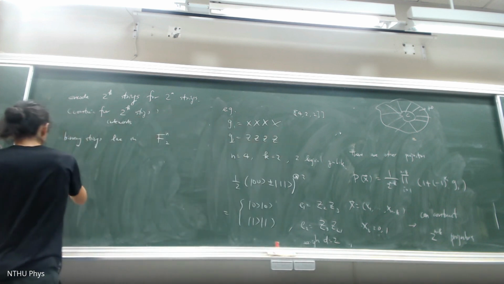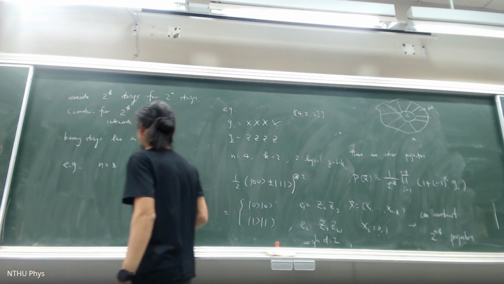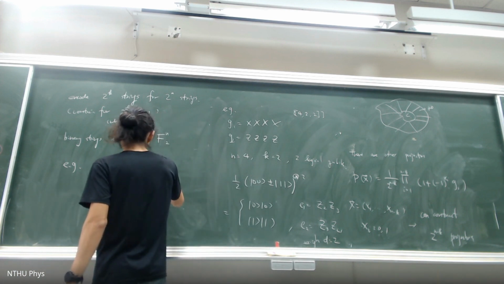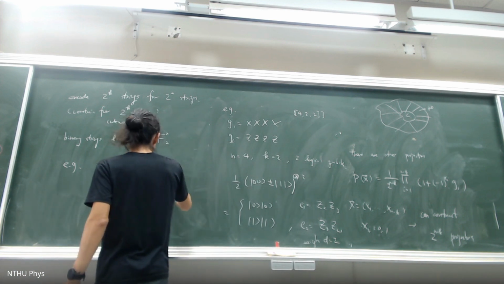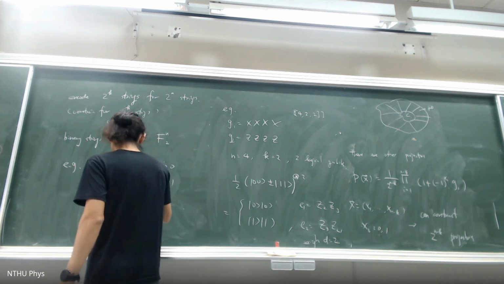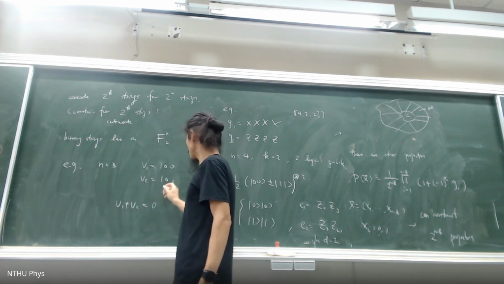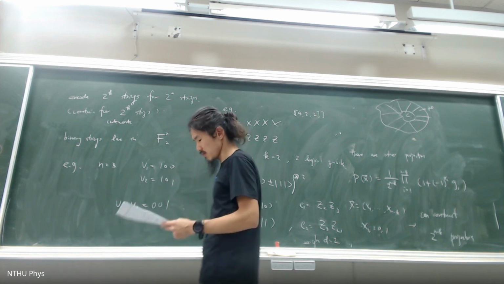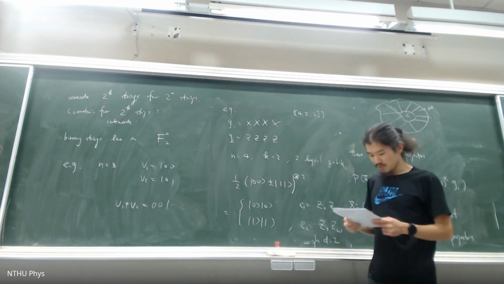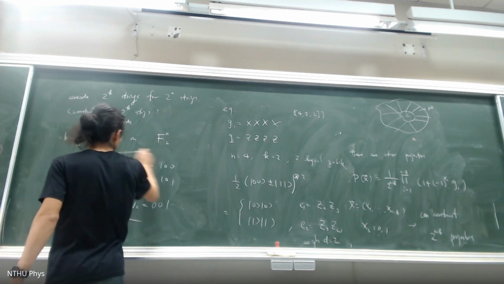For example, take n equals 3, and consider two strings: b1 denoted by 100 and b2 denoted by 101. I can do addition: 1 plus 1 is 0, 0 plus 0 is 0, 0 plus 1 is 1. The same holds for all vectors in this F2^3 space. So this is some kind of structure.